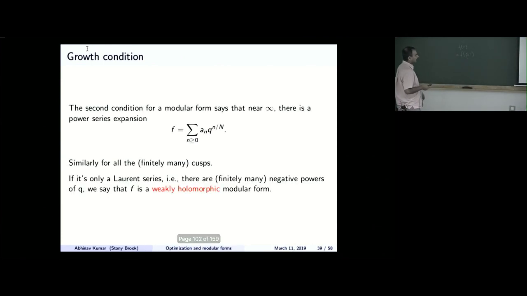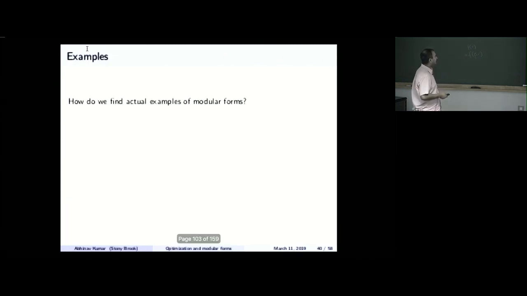That's the condition for a modular form. If it's only a Laurent series, so if you're allowed to blow up, but only to some finite degree, some finite order pole, then that's called a weakly holomorphic modular form. So that's one generalization that we need. Modular forms that show up are weakly holomorphic, not necessarily fully holomorphic.